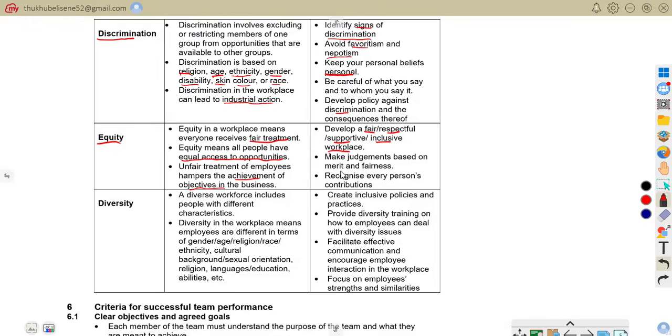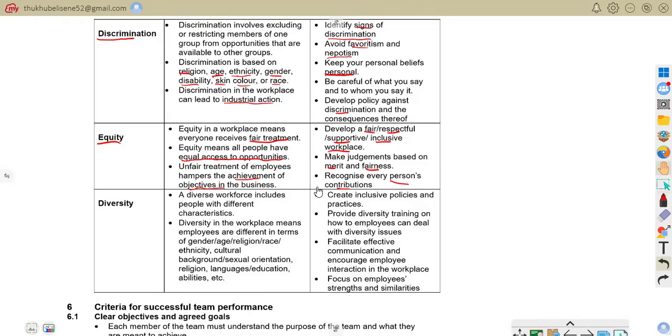Make judgments based on merit and fairness. You see, your judgments must be made based on merit and fairness. Recognize every person's contributions. So that's trying by all means to do what you call equity.